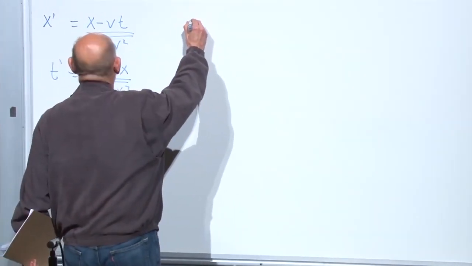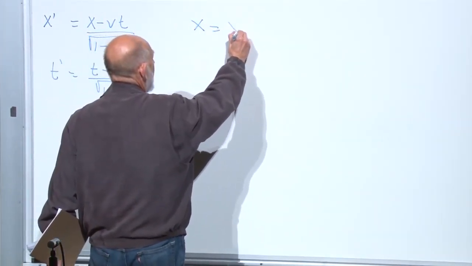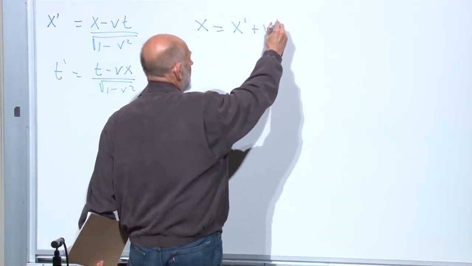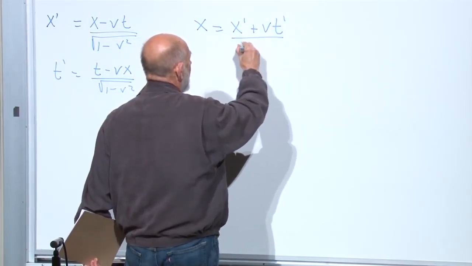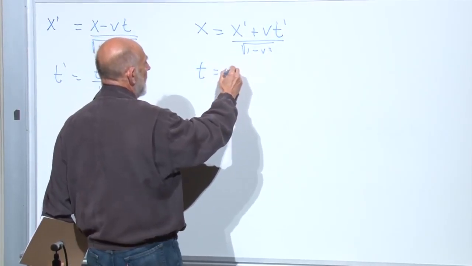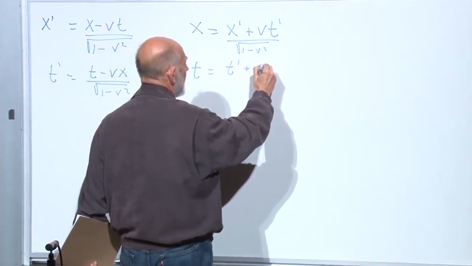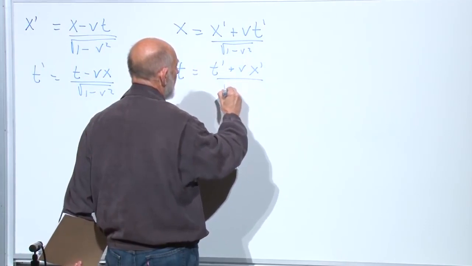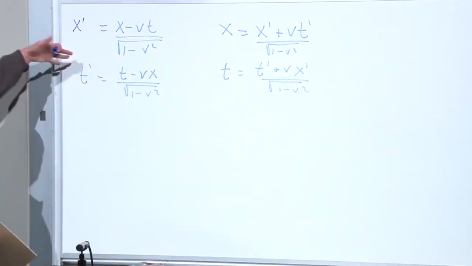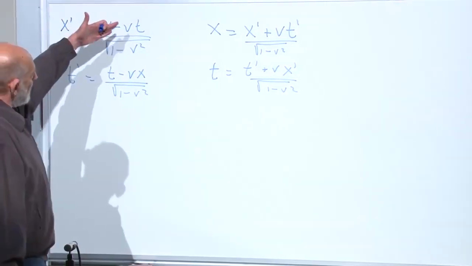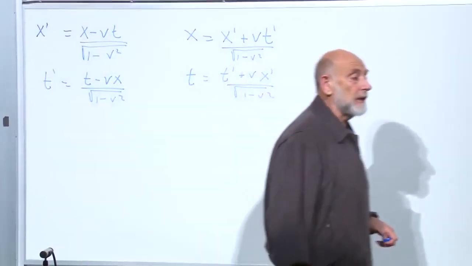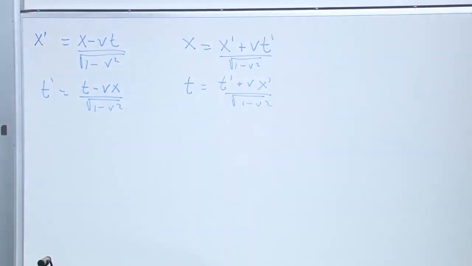It would be x equals x prime plus vt prime, divided by that same square root, and t equals t prime plus vx prime divided by the square root of 1 minus v squared. The only difference, the only asymmetry, is where you saw a velocity over here, you change the sign of the velocity just to account for the fact that the relative velocities are in opposite directions.